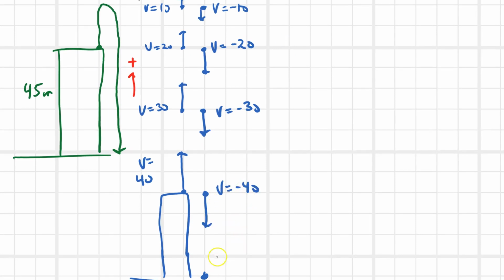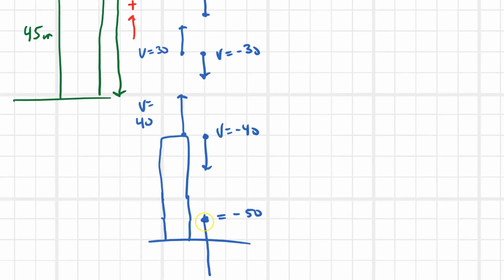Now I don't know how long it takes. If it's 45 meters, there it's going 40, and here it's going minus 50. I'm not sure exactly how this is going to work. Does it hit the ground just before this last second? I'm not sure how many seconds it's going to take to hit the ground at this point.